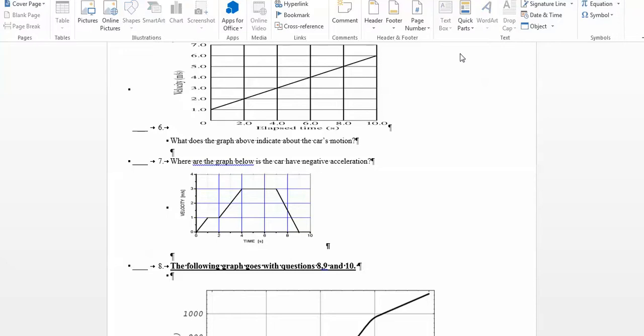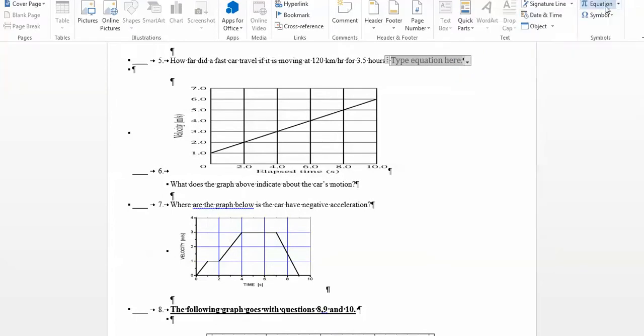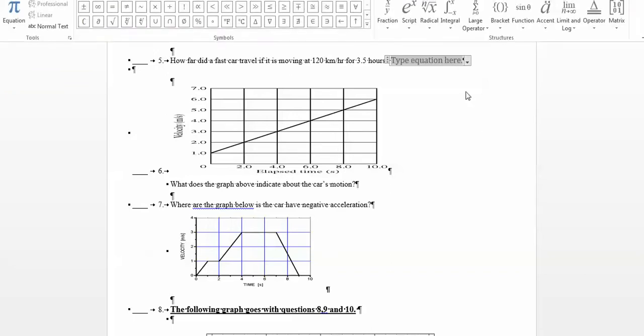I'm going to throw in an equation here. Actually, I'm not going to do it using that. But I'm going to use another tool here in just a second. Oh, wait a second, here's my equation. I can use that right there. I'll come back to this in a second.